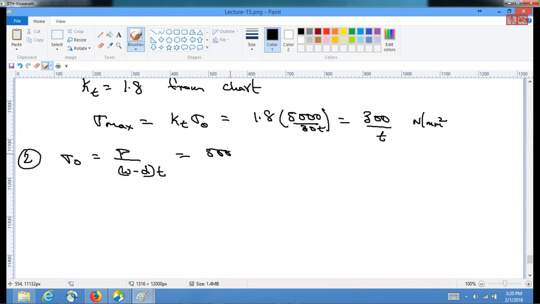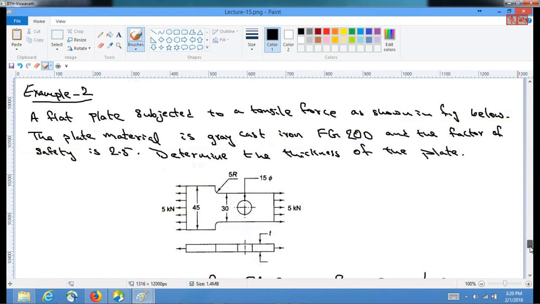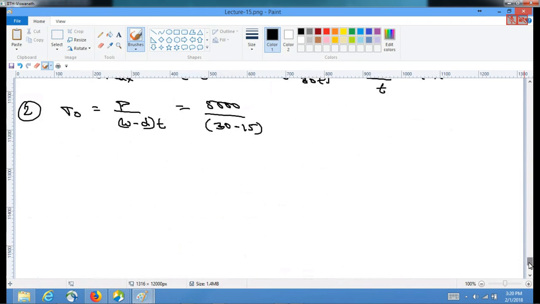So this is 5000 divided by, we have 30 as the width minus the diameter 15 of the hole, times thickness T. Now for the flat plate with a hole, we need to measure d by W. Our d is 15, W is 30, this gives us 0.5.